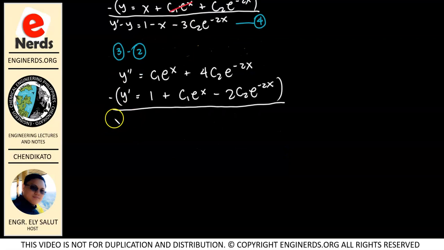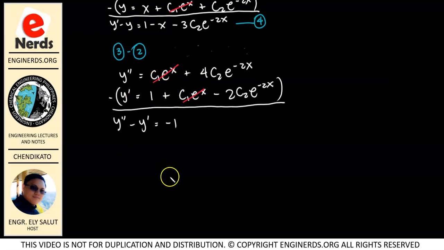So we have y2 prime minus y prime is equal to, so negative 1, okay, because this is a subtrahend here. So we have negative 1. And then our c1 e to the x minus c1 e to the x, so this will be equal to 0.